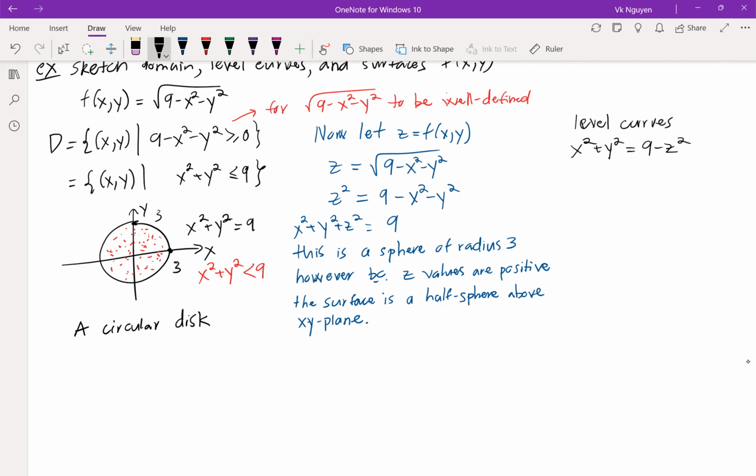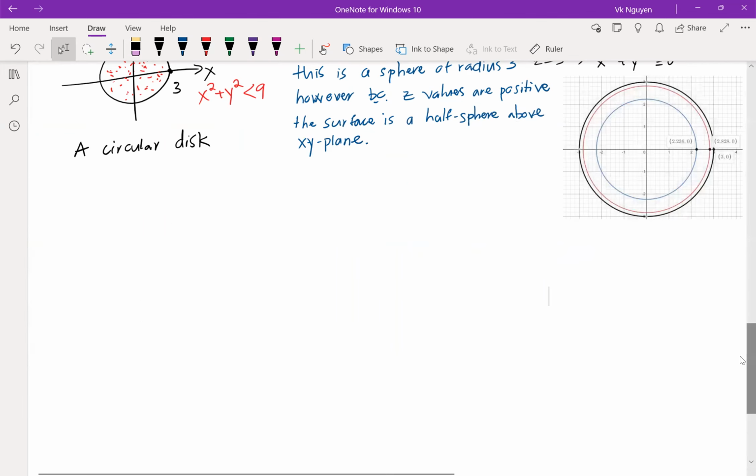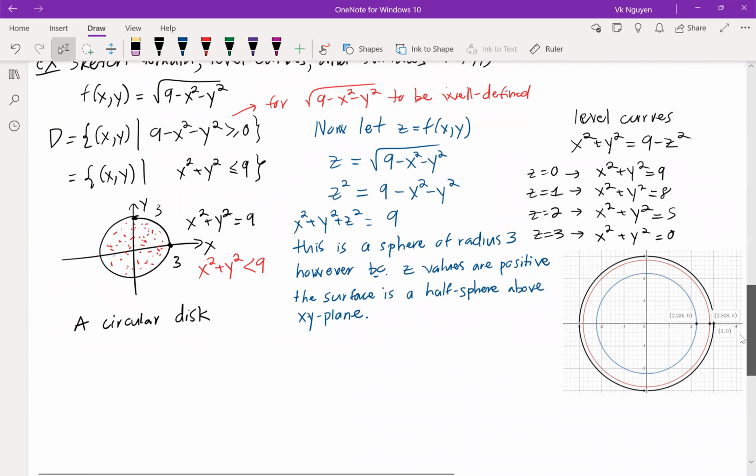And then from here you can do z equals 0, x squared plus y squared equals 9. z equals 1, x squared plus y squared equals 8. z equals 2, x squared plus y squared equals 5. z equals 3, x squared plus y squared equals 0. It's a bunch of circles, not evenly spaced out. So you know that it is not going to be a cone.